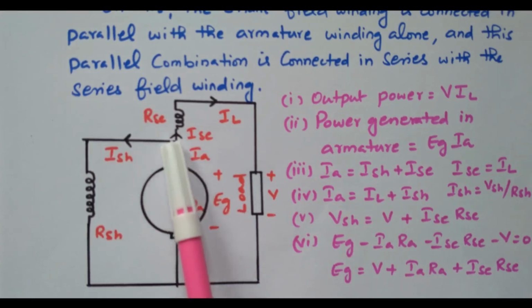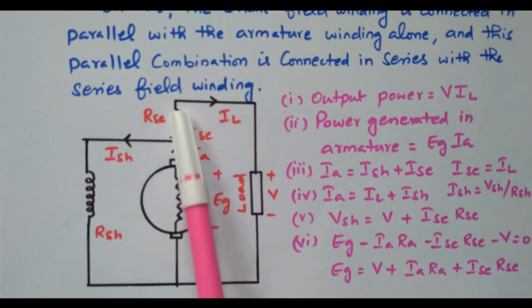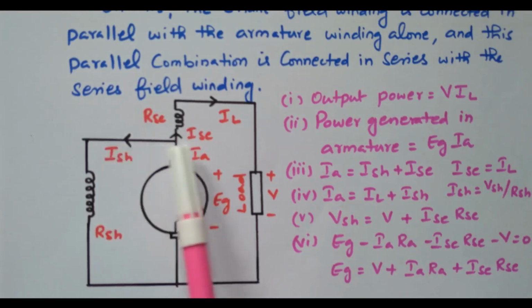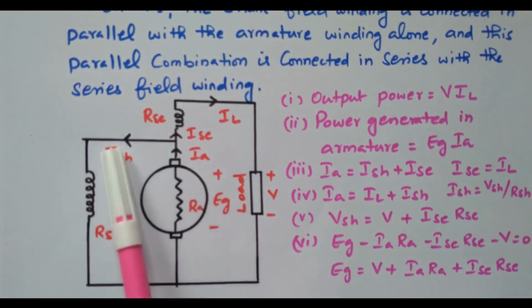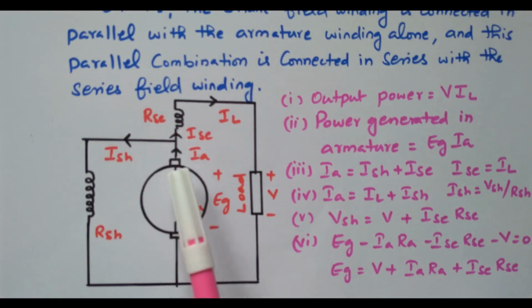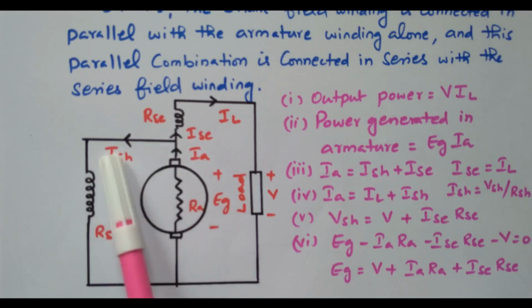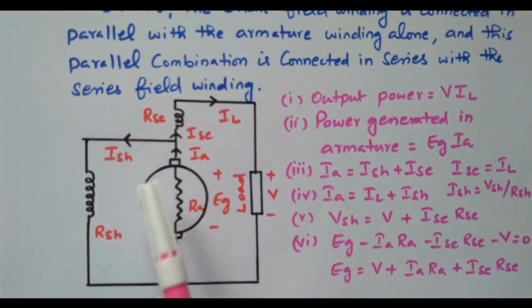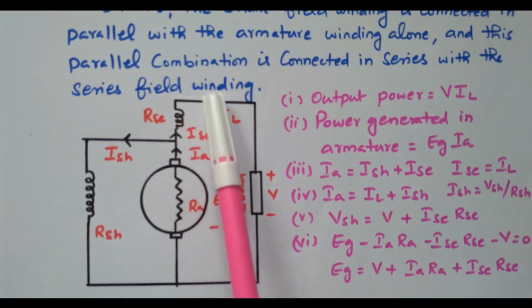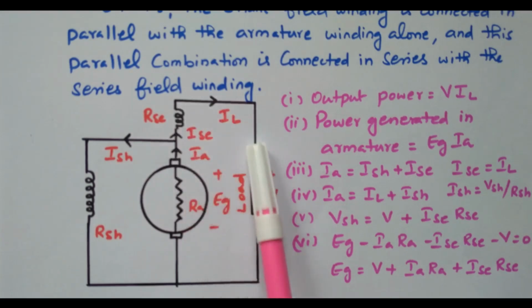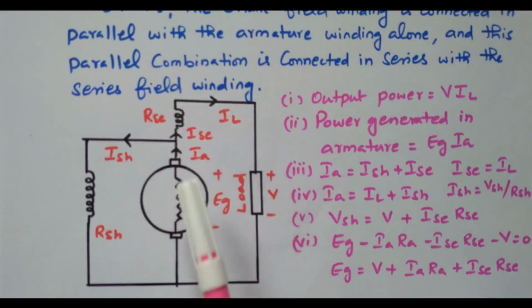At this point, what will happen? The armature current will be split into ISH and ISC, shunt field current and series field current. This series field current is equal to load current also, as both are connected in series. So ISC equal to IL, right? Now what are the drops available here?